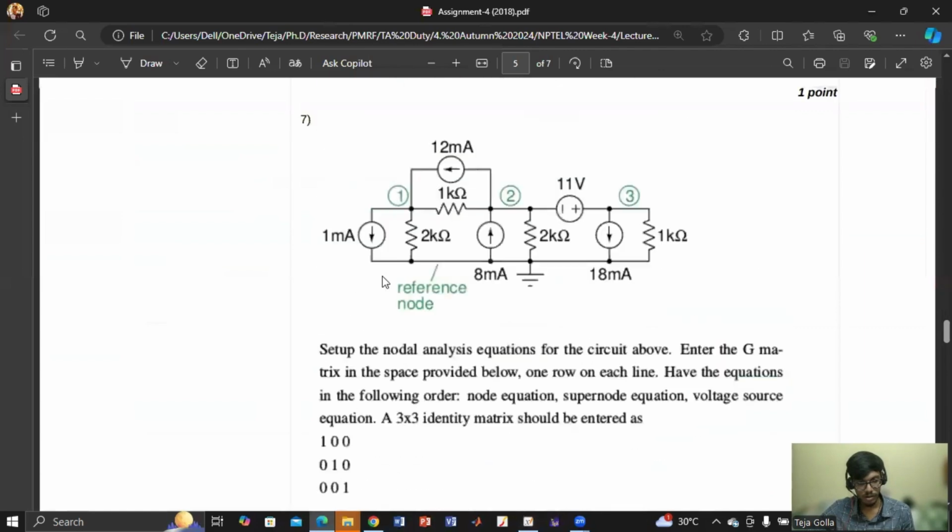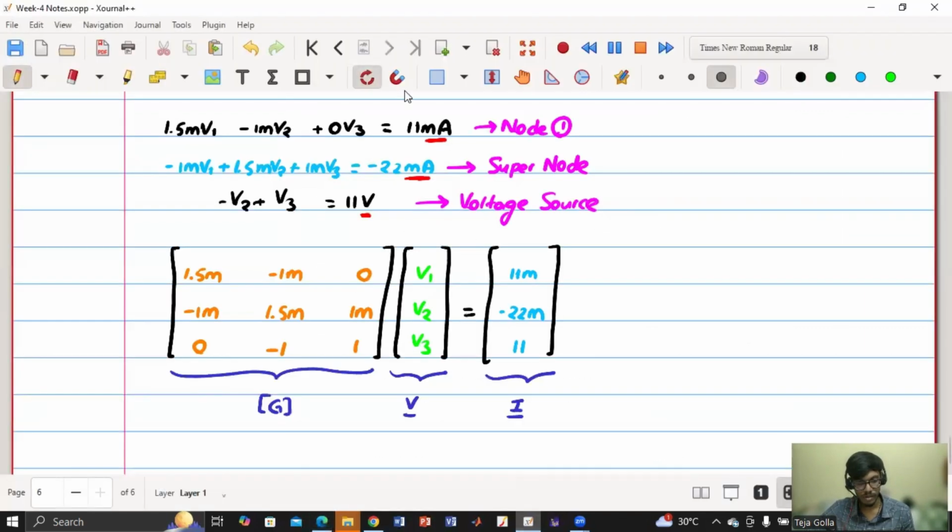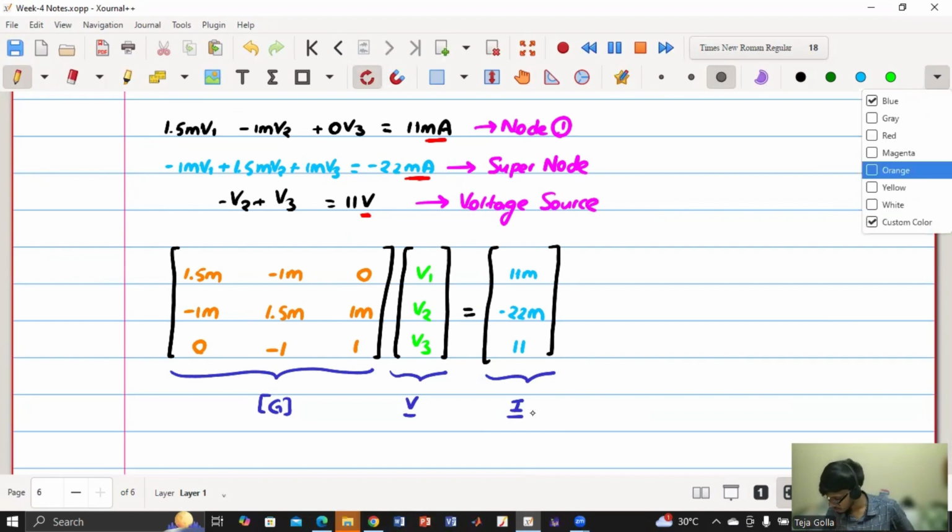Sir, that 11 is voltage, not current. Yes, 11 is voltage, but what we have written as I is the independent source, not independent voltage or current source. I is the independent source. It may be current, it may not be current. Is that clear?